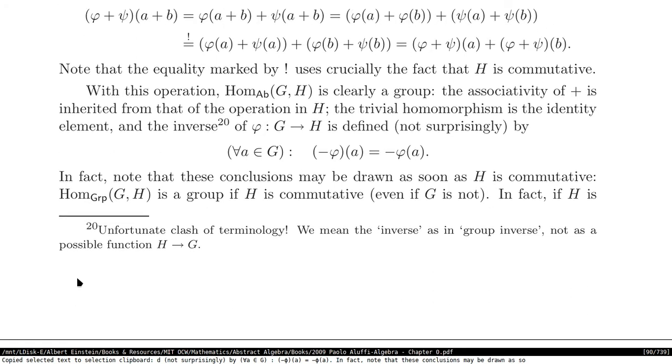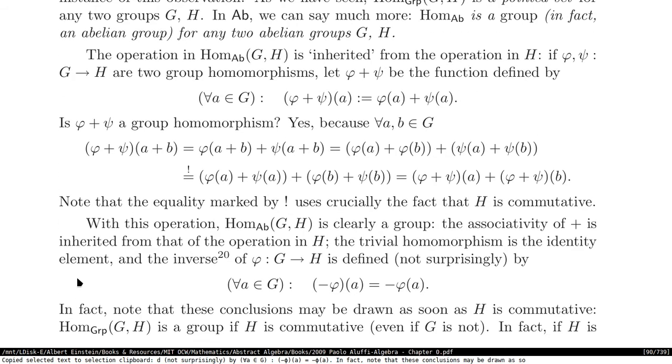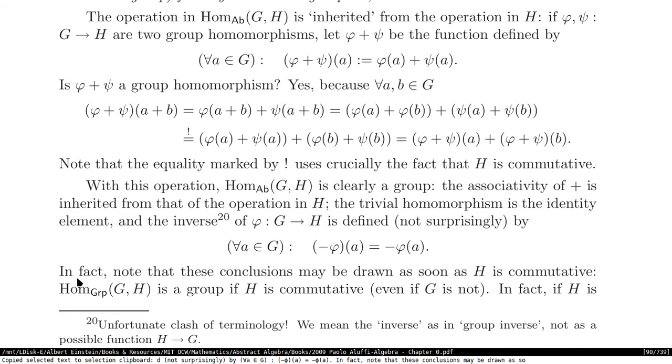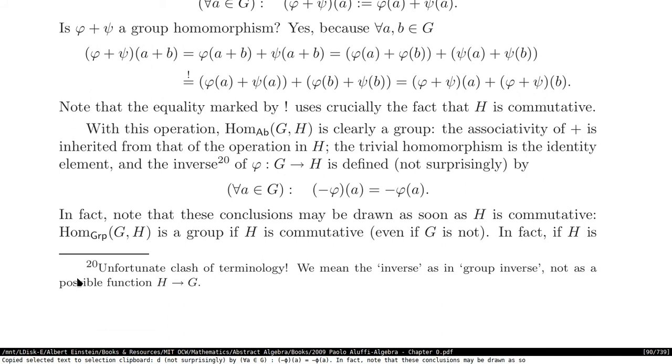Yeah, so what they're saying is that even if G is not commutative, if you just have commutativity from H, this Hom set in the category of groups is a group, right?